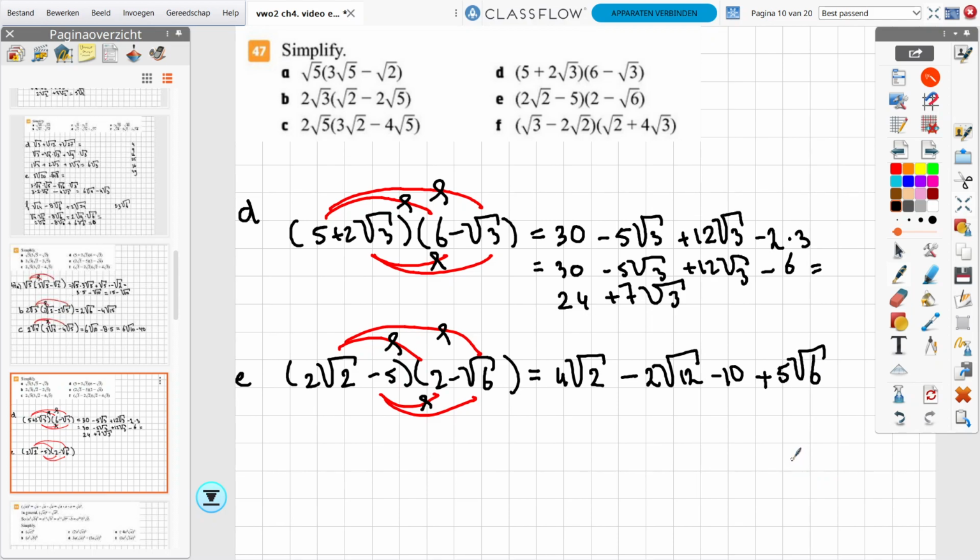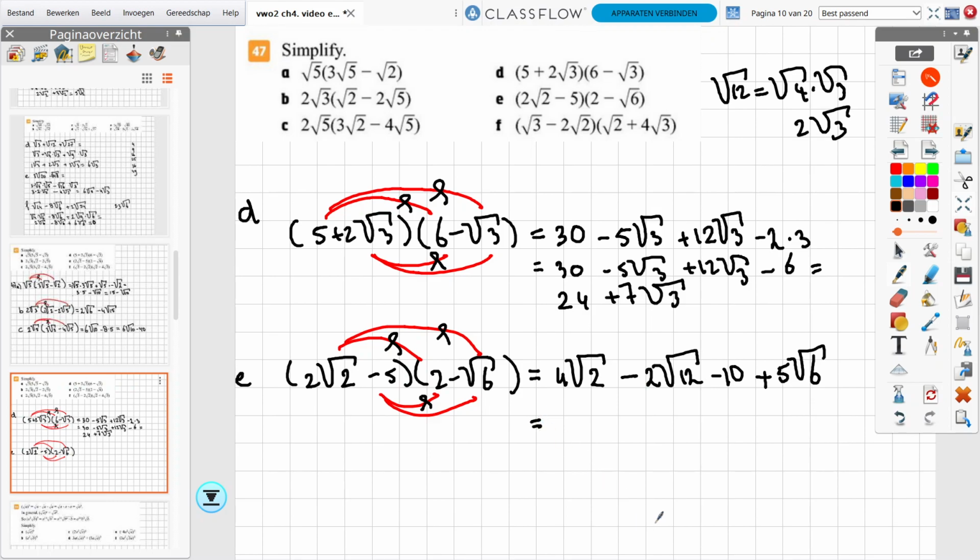And this is going to be quite a hassle here, because root 2 and root 6 and root 12 are not like terms. But root 12 I'm not done with yet, even. Because remember, root 12 is the same as root 4 times root 3, which is the same as 2 root 3.